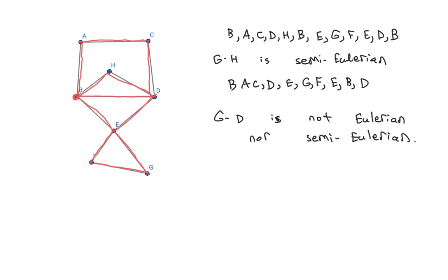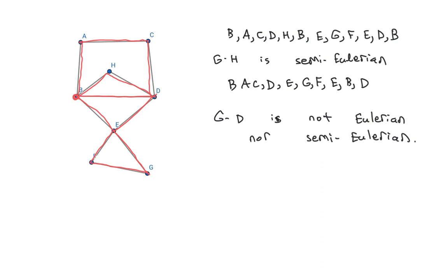On the other hand, if we remove the vertex H from our graph, then that gets removed from our trail. And it turns out that, as we'll see later in lecture, you cannot actually find an Euler circuit anymore. But you can still find an Euler path, namely doing almost the same route we already did. You go from B to A to C to D, but now you see you can't go up to H anymore.